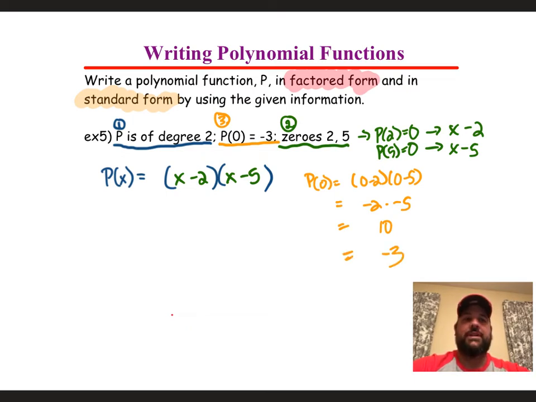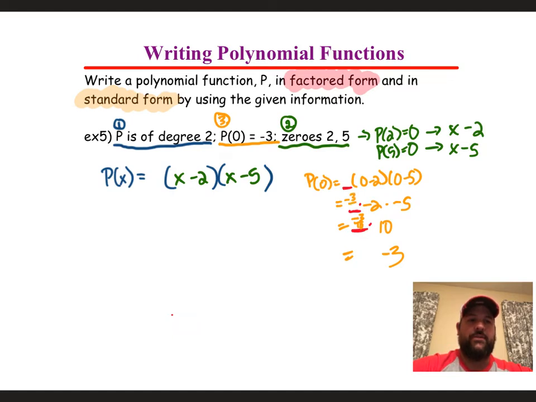So the question is, what am I going to multiply this by in order to get -3? Well, I would have to multiply by negative 3 over 10.